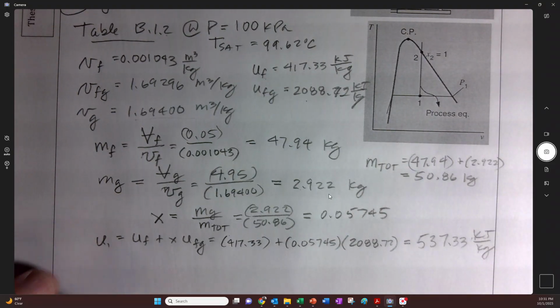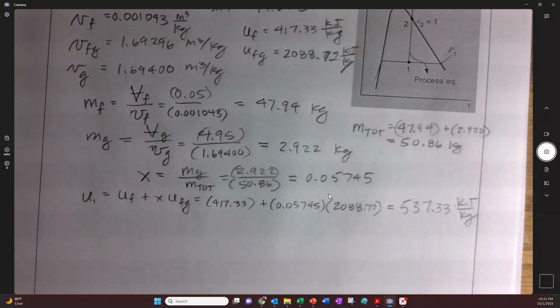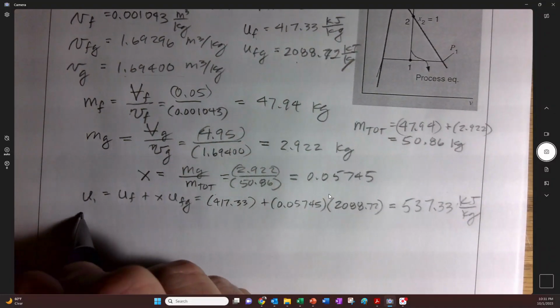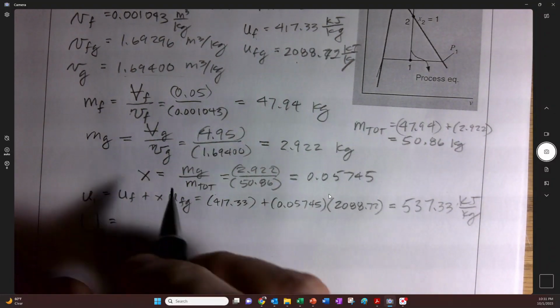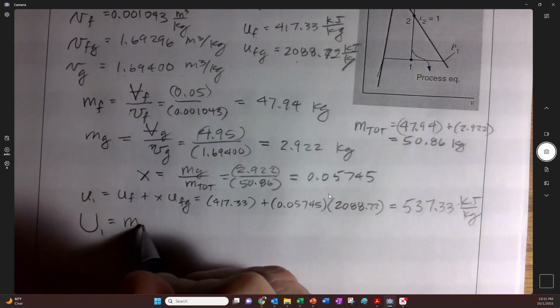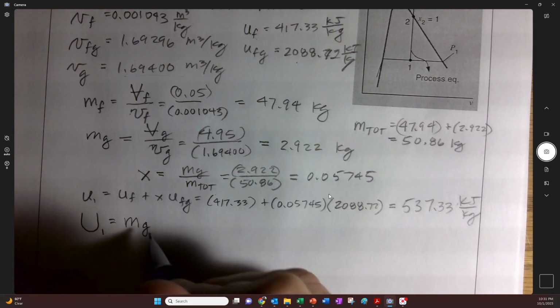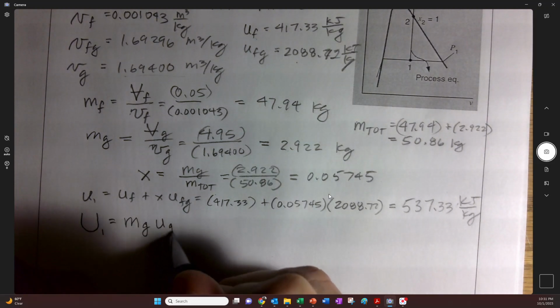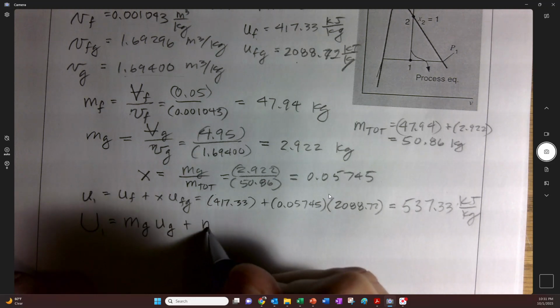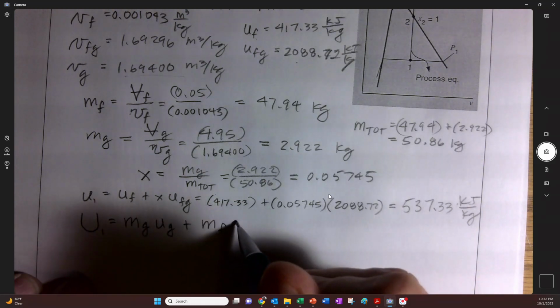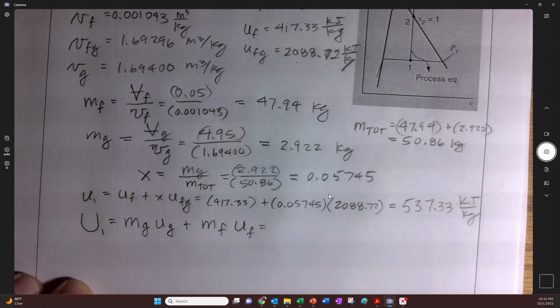All right, but I don't really need that. What I could do is get U1 as the mass of the gas times U of the gas plus the mass of the fluid times U of the fluid.